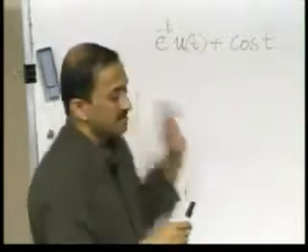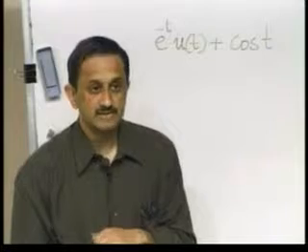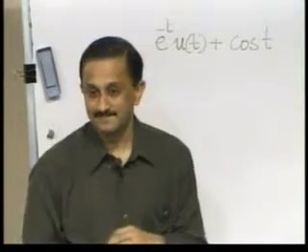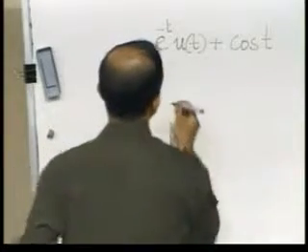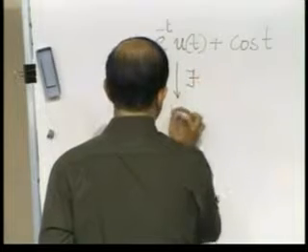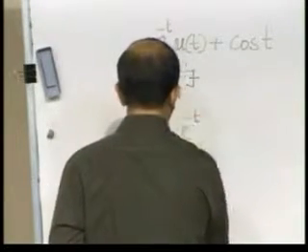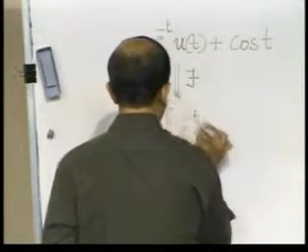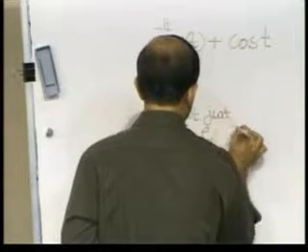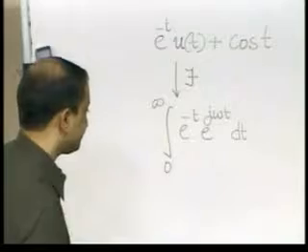So coming back to this example, e raised to the power minus t u(t) plus cos t. Now let's find the Fourier transforms individually. e raised to the power minus t u(t) has a Fourier transform given by the integral from 0 to infinity of e raised to the power minus t times e raised to the power j omega t dt.